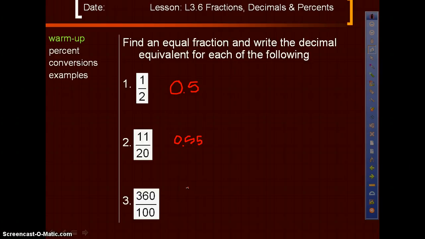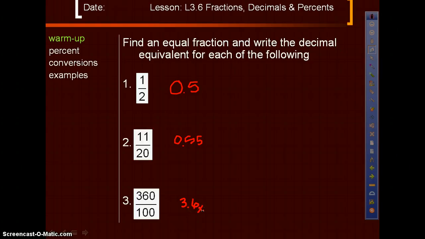In this next one, if we wanted to write the equivalent decimal, 360 divided by 100 would be 3.6.